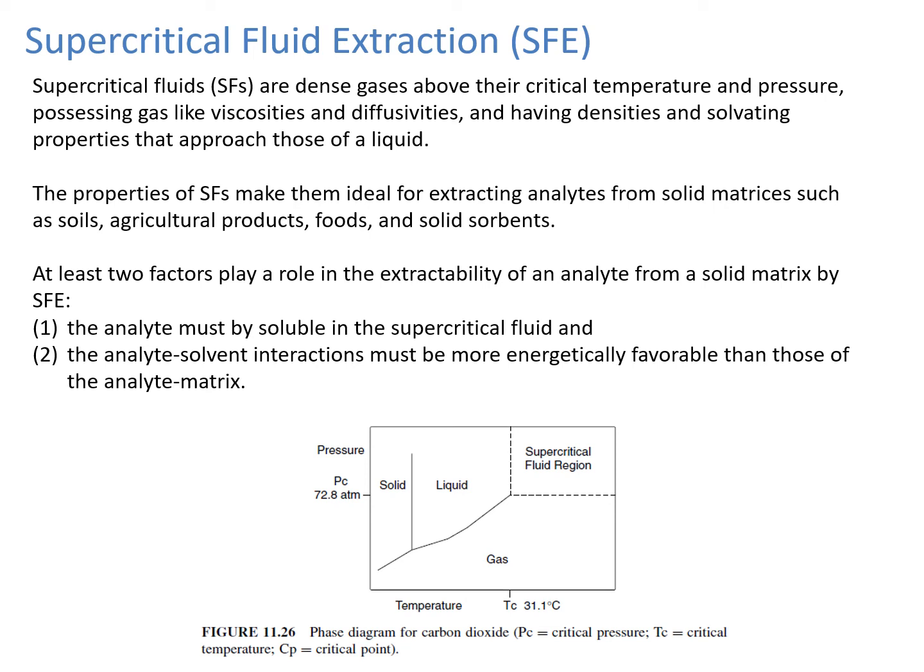The TC value, the critical temperature, is 31.1 degrees Celsius, and the PC, the critical pressure value, is 72.8 atm. In the diagram you can also observe the supercritical fluid region. It's above the liquid region.